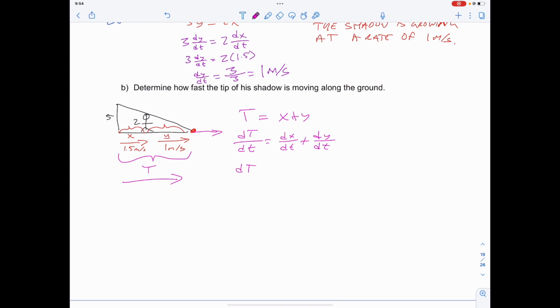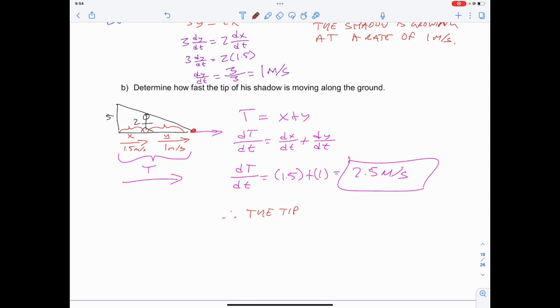Well, then that's going to give me 1.5 plus 1, which is 2.5 meters per second. Therefore, the tip of the shadow is moving at a rate of 2.5 meters per second.